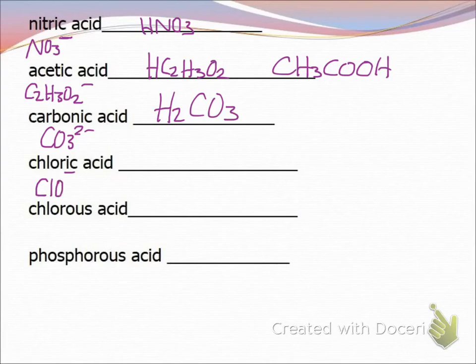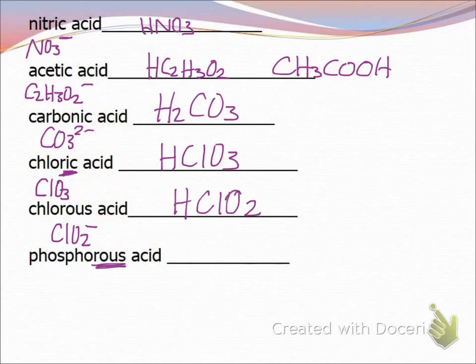It's chloric. So what would come from chlorate. So what is chlorate? We're just going to make that its minus sign now. So how many hydrogen? ClO3. All right, chlorous acid came from chlorite. Chlorite is ClO2 minus, so also HClO2.